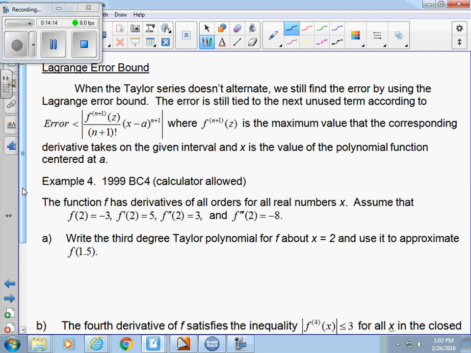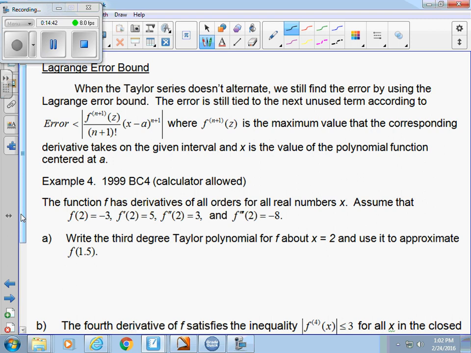I think the answer is yes, you could use the Lagrange error bound, even if it alternates. Now you may not, the AP problem may not give you enough information to use the Lagrange error bound, but yes. Do you know what I mean by that? Because you have to have more information in the Lagrange than you do in the alternating series.